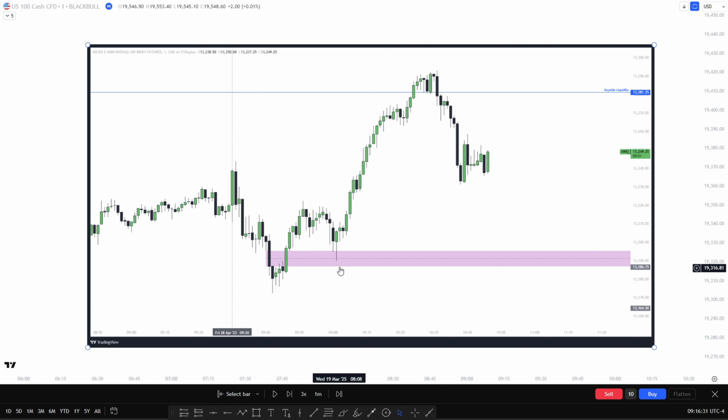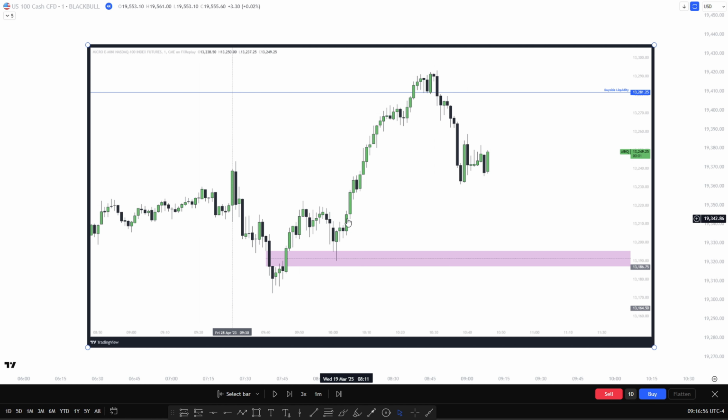But you want to see it fail to close the gap with candle bodies. Okay, so on a closing basis, it has to fail closing below the low of this initial first presented fair value gap after 9:30, and then displace again.